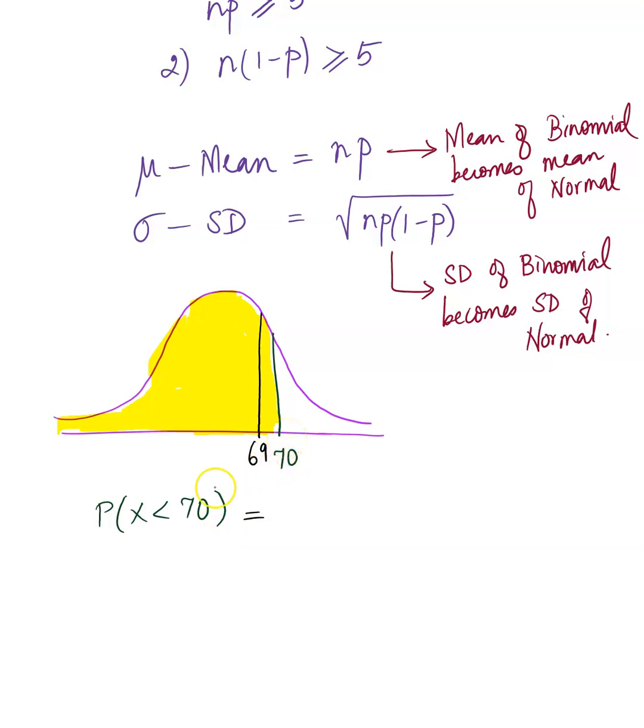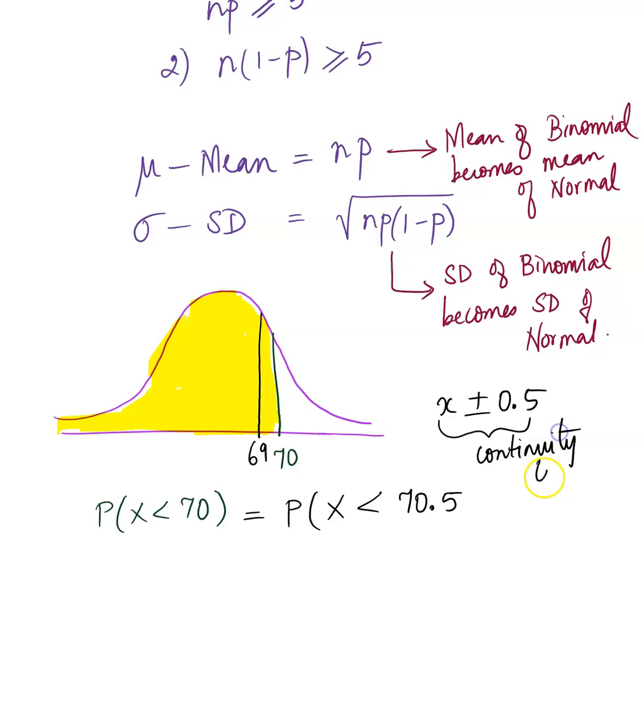So instead of starting at 70, we will say find the probability of x less than 70.5. So the continuity correction would be fixing it, half a point up or half a point down. Okay, so we take the x value and we do plus or minus 0.5 for continuity correction.